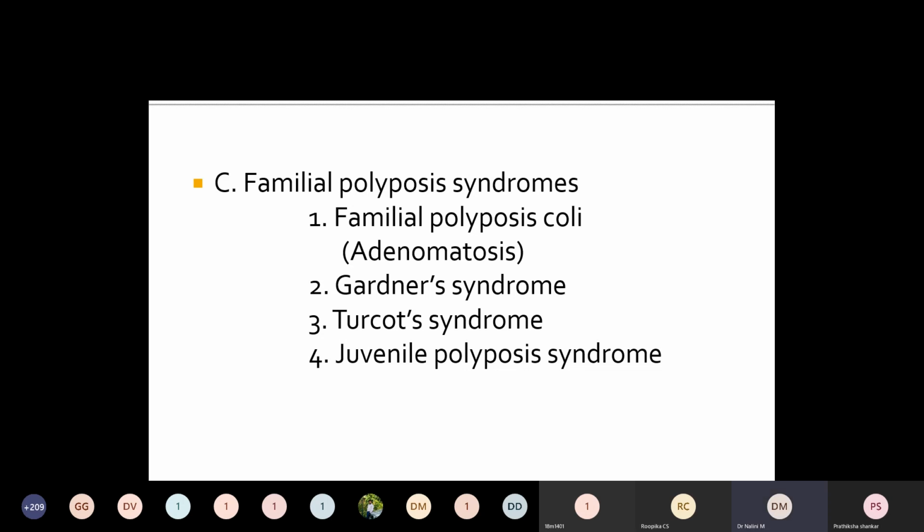Okay, these are the familial syndromes where we could also encounter the adenomas.